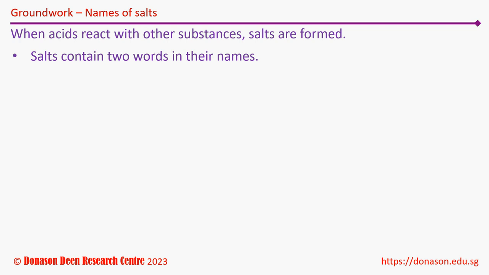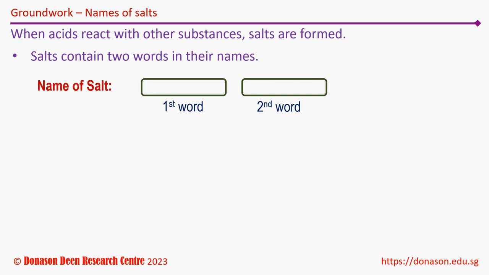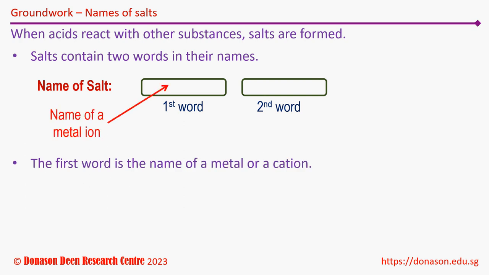When I say salt, a salt always contains two words in its name. There will be a first word and a second word. The first word in the name of a salt is the name of a metal ion or a cation, like sodium, potassium, rubidium, lithium, calcium, magnesium, or ammonium. In this case, ammonium is a cation, but it's not a metallic ion.